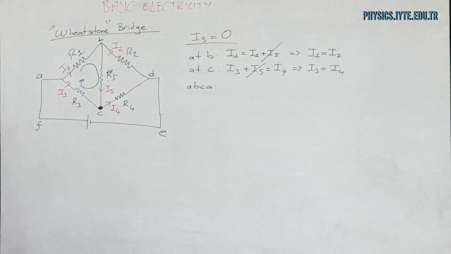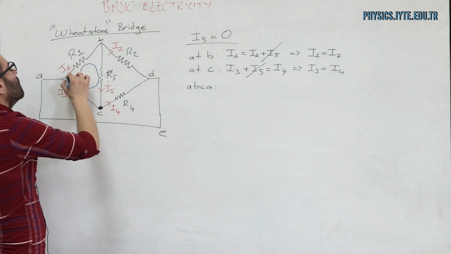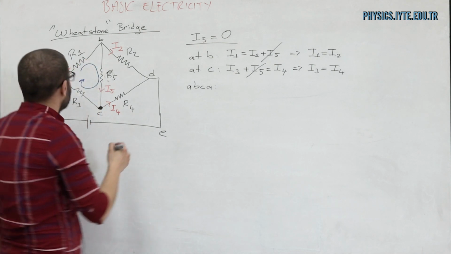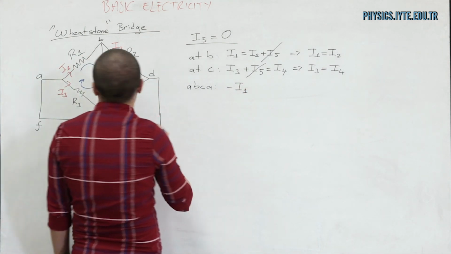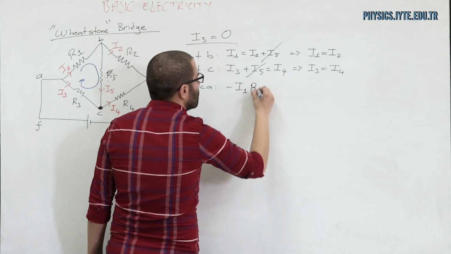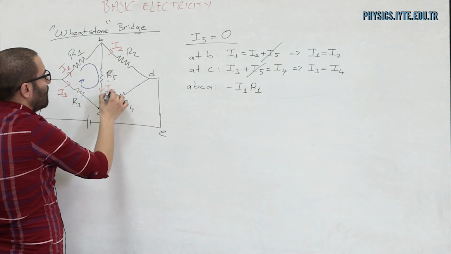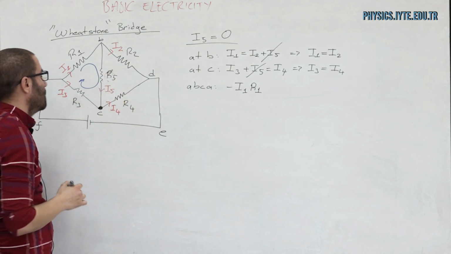Now let's use Kirchhoff's law on this loop. From A, I'm going with the direction of the current, so I'm going to have a drop in potential, which is minus I1 times R1. Now at this point, I assume that I5 is equal to 0, therefore there is no change in potential here.